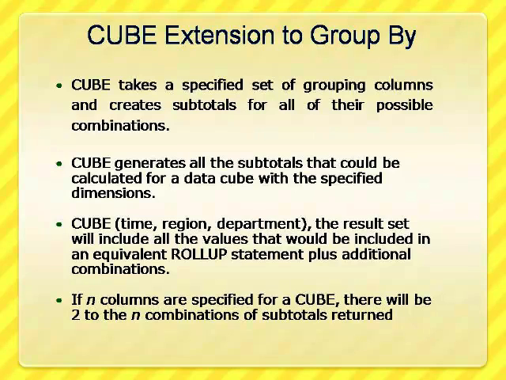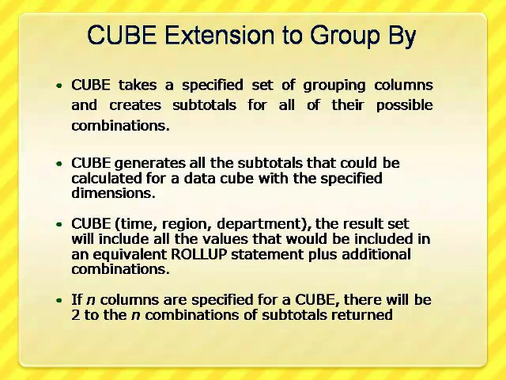We now discuss how to use the cube extension to the group by clause. The syntax of the cube operator is the same as rollup, but in the group by clause we mention the keyword cube instead of rollup. For instance, a query using the cube operator can be expressed in terms of rollup. Cube generates all subtotals that could be calculated for a data cube with specified dimensions.